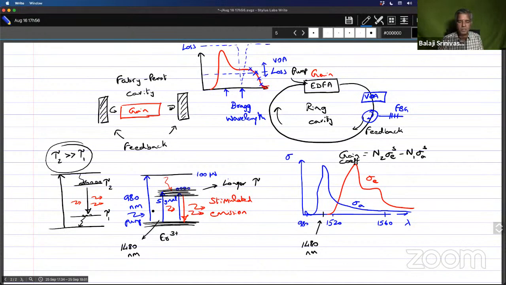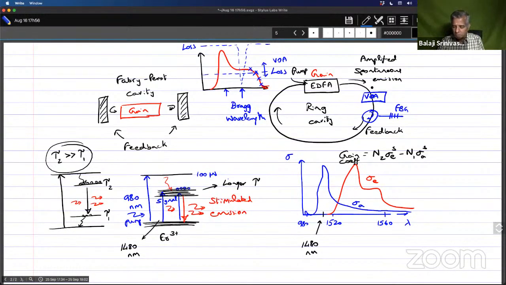The moment you turn on the pump, the first thing that happens is you have spontaneous emission that is circulated across this. And of course, the spontaneous emission itself may be amplified within the EDFA, so in general it can be called amplified spontaneous emission.